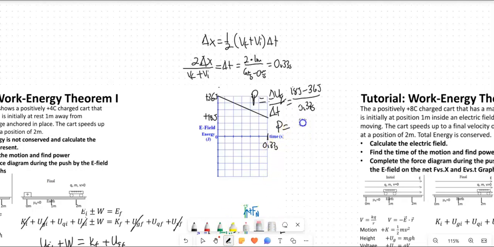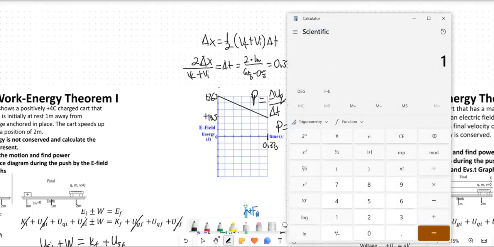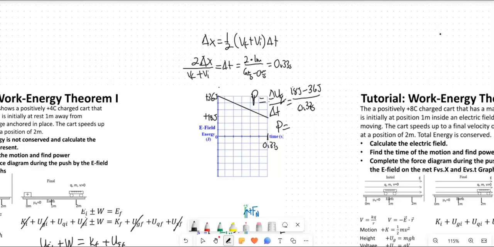So negative 18 times 3, what is that going to work out to be? 18 times 3, 54. That's a loss of 54 watts. That's how much the electric energy was dropping off by.